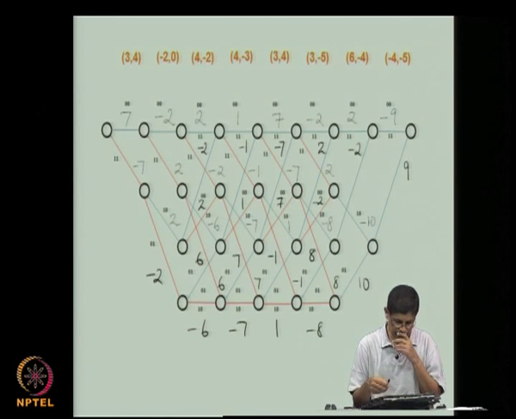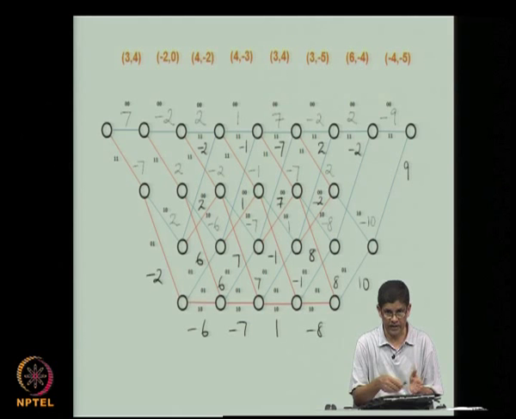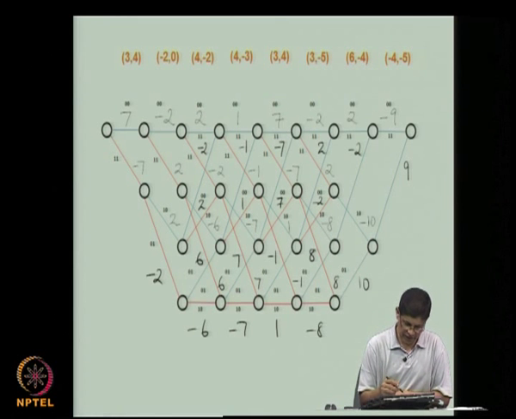You can compute the path metric by adding the branch metrics, and just like in the case of the binary symmetric channel, the real progress is made in decoding when you arrive at a node where there are two contending paths and you can choose between one of them. For example, here the total metric is 7 minus 2 plus 2, which is 7, or the other choice is minus 7 plus 2 minus 2, which is minus 7.